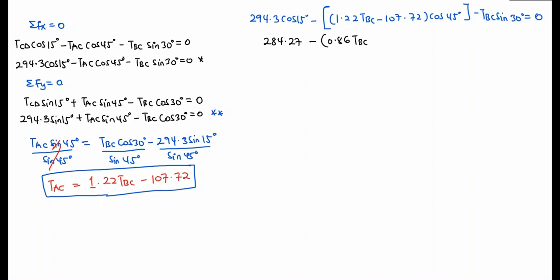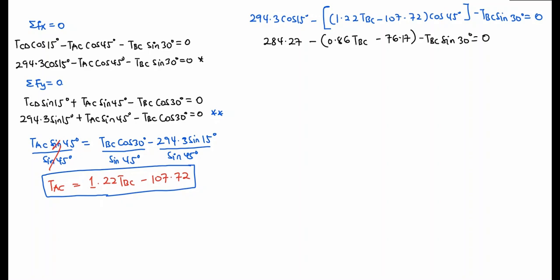And then you're going to have minus 107.72 multiplying cosine of 45 degrees. That also gives us a value of minus 76.17, and then we're going to have minus TBC sine of 30 degrees to be equal to 0.